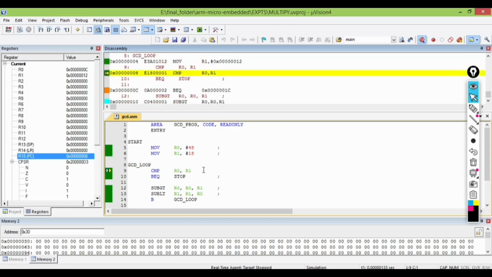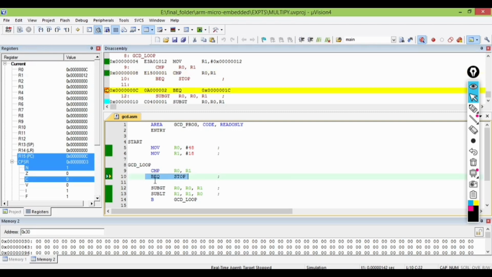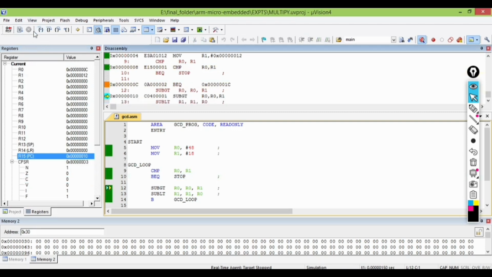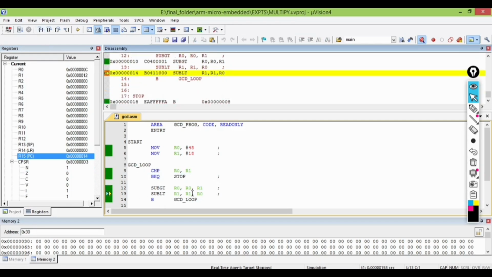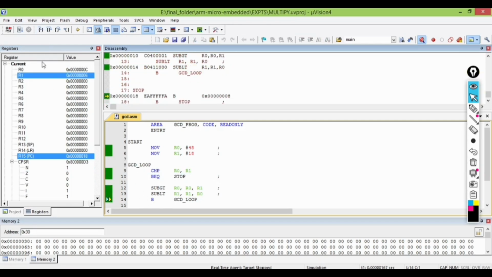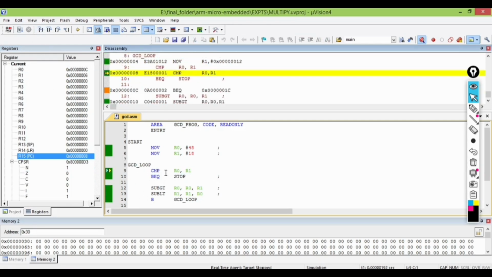Now when you compare again, as you can clearly see, R1 is greater than R0. So the branch will anyway not occur. Instead, the first subtraction is ignored and the second subtraction is carried out. So now we are branching back to the loop. Again we are comparing these two values.